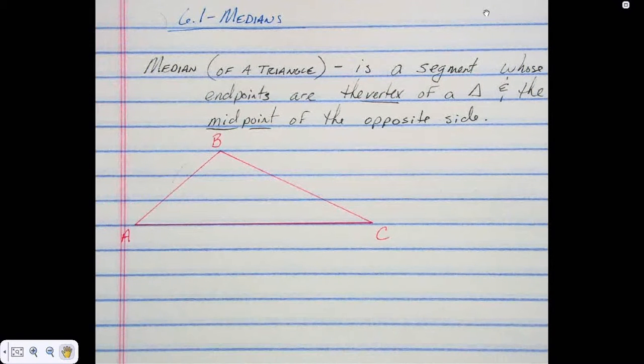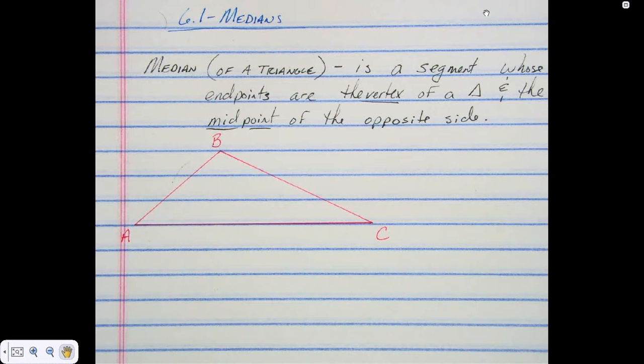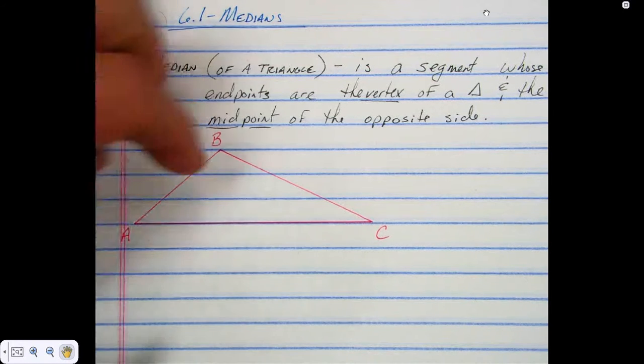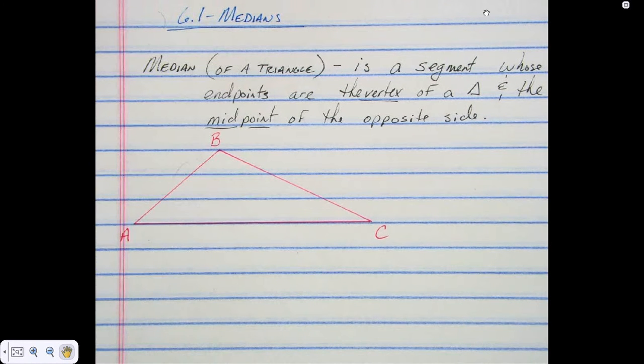We've got a triangle here. I'm going to draw a median from A. Actually, let's back up. With this definition, how many medians do you think there can be in a triangle? I heard 3, I heard 2. If 2, tell me why.